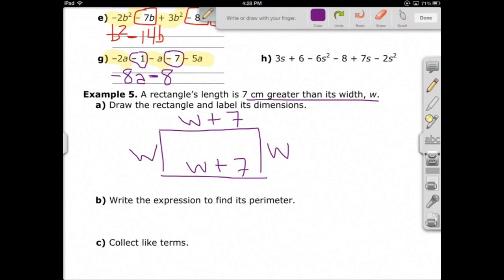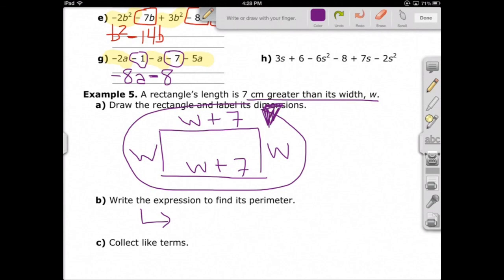Well, perimeter, if you think about it, is when you take a trip around the whole outside, right? You add up the distance. So if you started on W, then you went to the W plus 7 side, came around again, you're over here now, the W side, and you finish at the W plus 7 side.